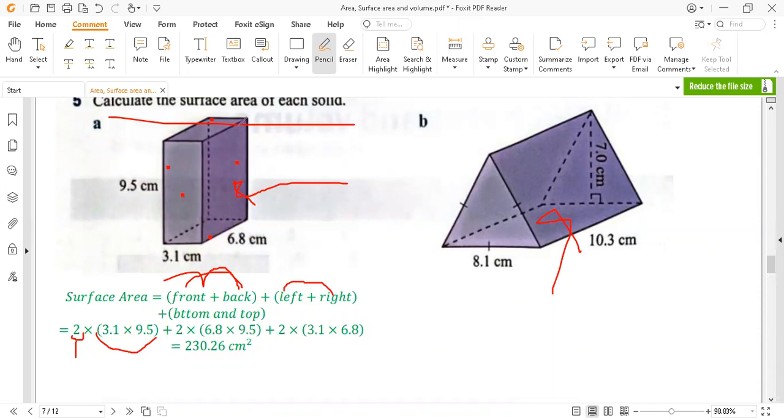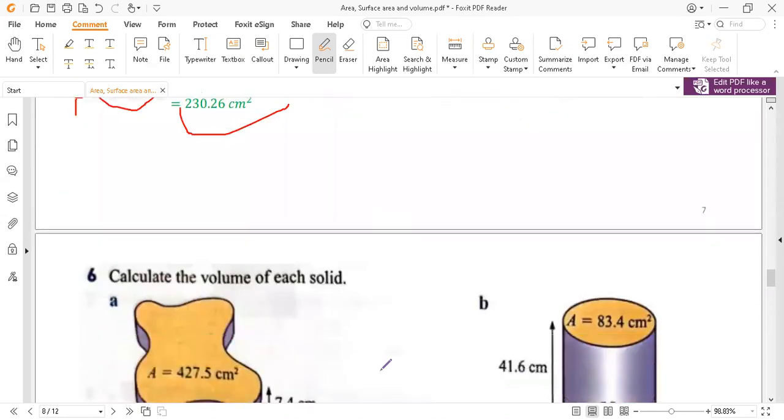The left is also a rectangle with breadth equal to 6.8 and height equal to 9.5. So 6.8 by 9.5, and we multiply it by 2 to obtain the area of both faces. And similarly for the bottom and top, to finally obtain the surface area equal to 230.26 centimeters squared, because we are using the centimeter as unit of length.